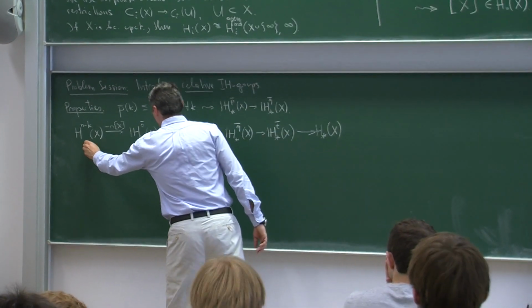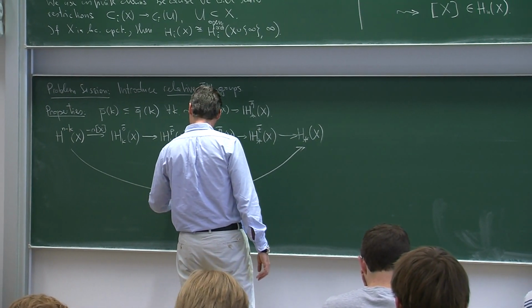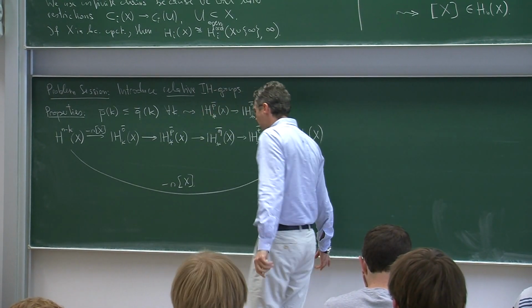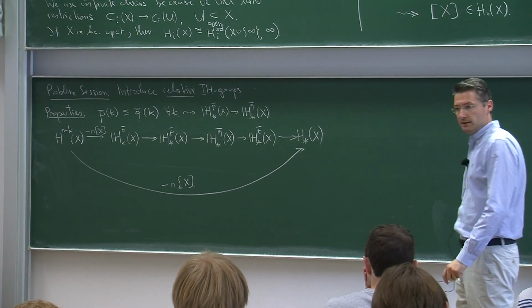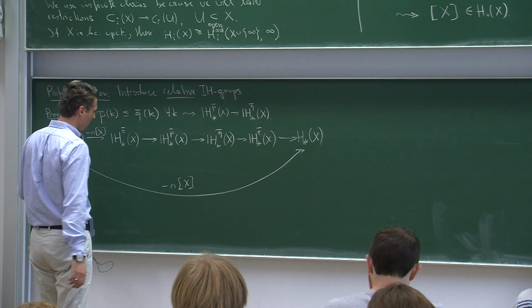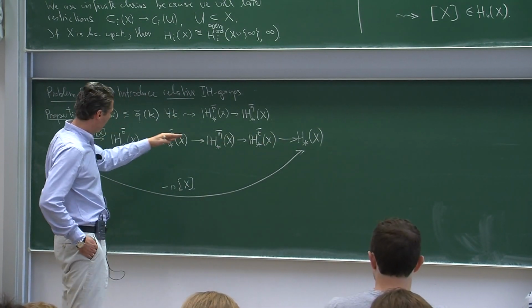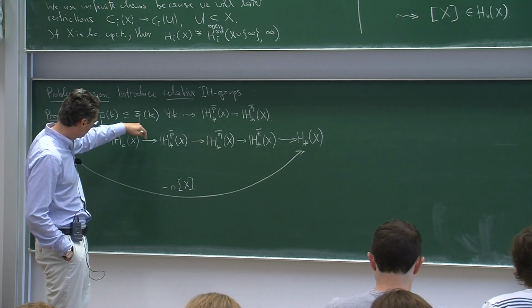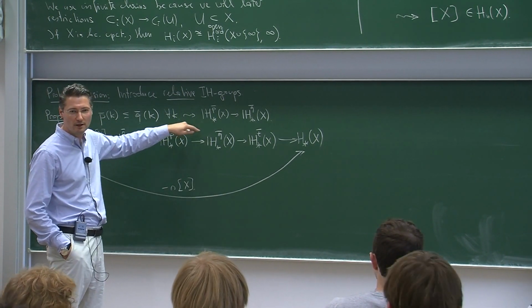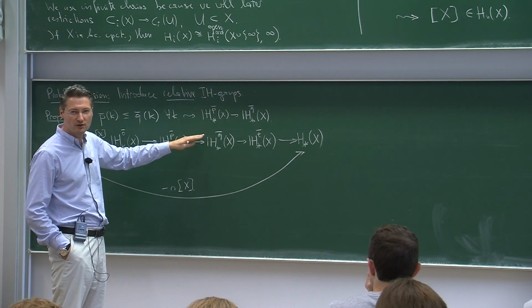So the map that is being considered initially for Poincare duality, cap product with the fundamental class, is now seen to factor like this through many groups, and you can stepwise analyze where actually one of these maps fails to be an isomorphism and so on.